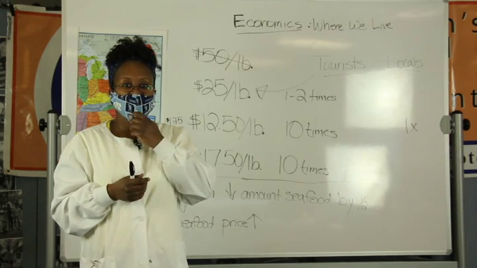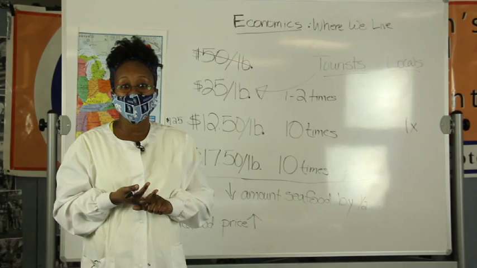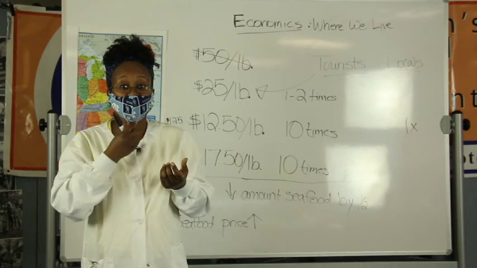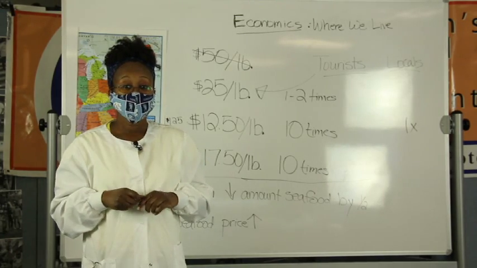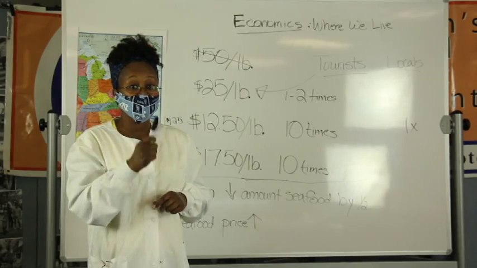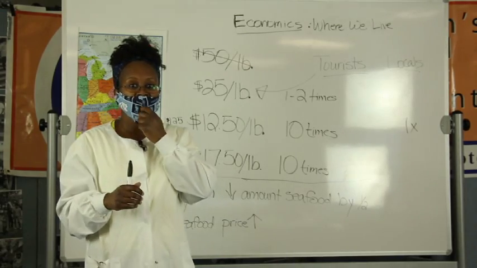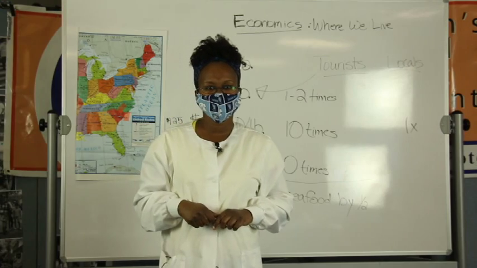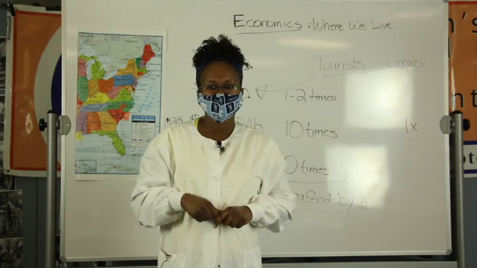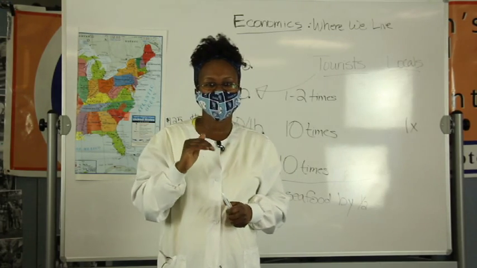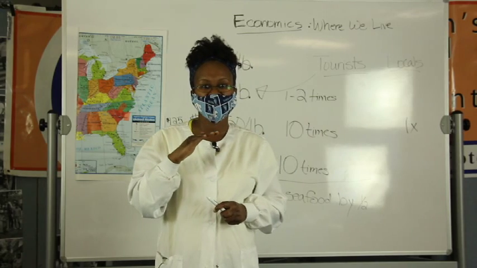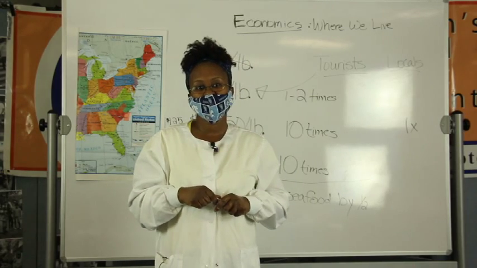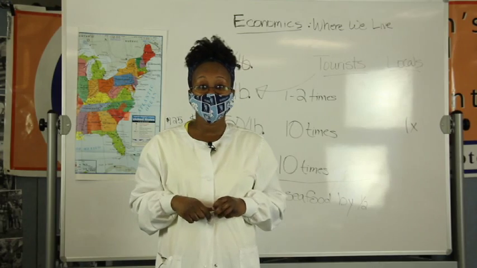Think about different ways that it can affect the price or how much you even want a certain good or service, okay? And then once you make your list and go through all of that, do the research: get on the internet and look up Wilmington and see the things that they say that we have a lot of, what things we sell the most, what people come for, okay?